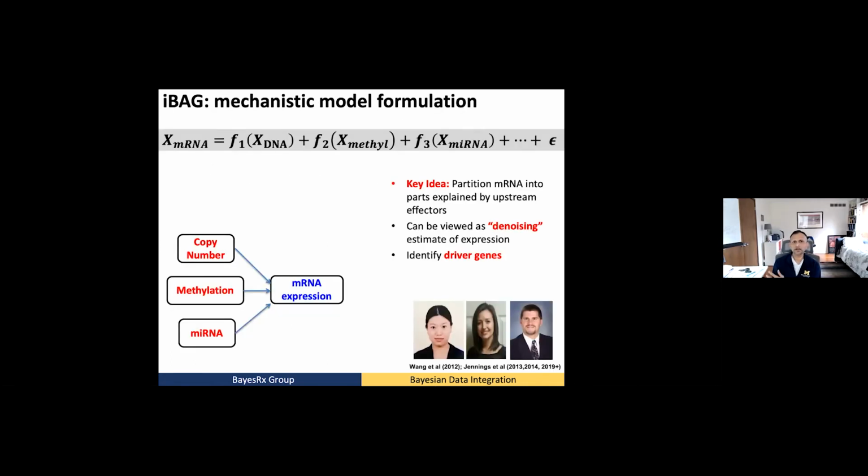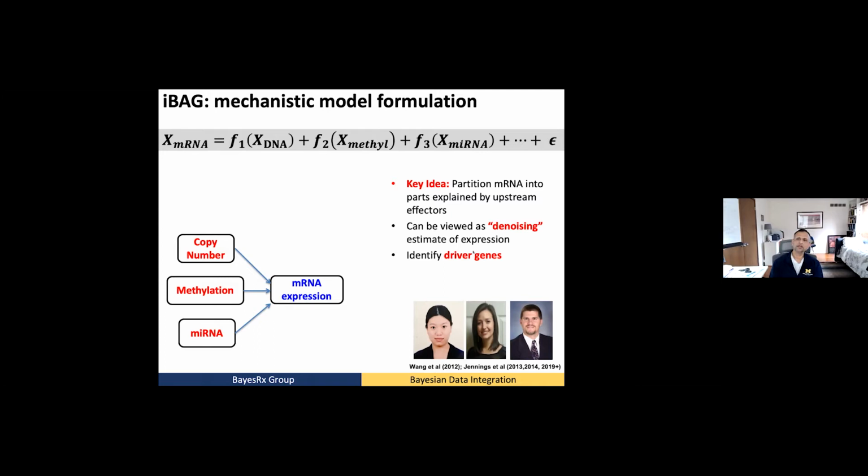So the exact formulation of the mechanistic model, this was our original iBAG paper back in 2012. This work was done by Wenting Wang and my PhD student Elizabeth Jennings. And we have different iterations of this, just improving upon the formulation of the models, making it more flexible.